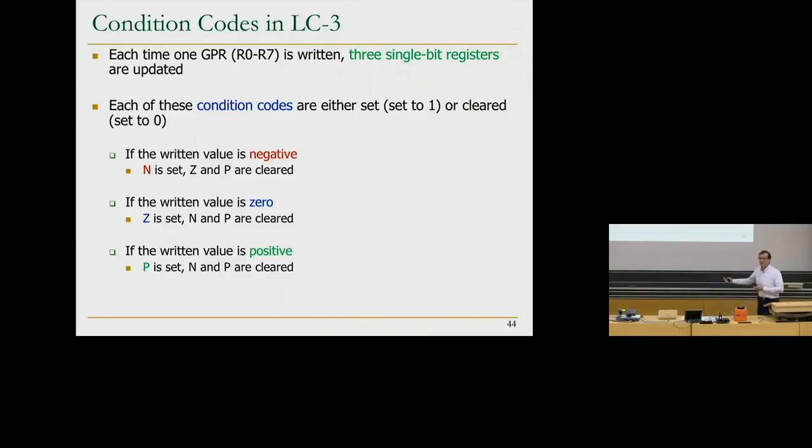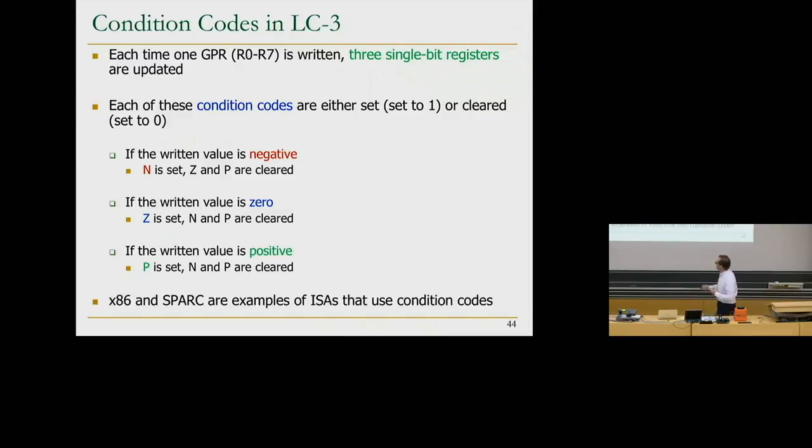Because you know what the last value that was written to a register was. Now you can branch on that value. If it's positive, you can do something. If it's negative, you can do something. If it's 0, you can do something. And you can combine. If it's positive or 0, you can jump somewhere. If it's negative, positive, or 0, you can jump somewhere. That's an unconditional jump, clearly, right?